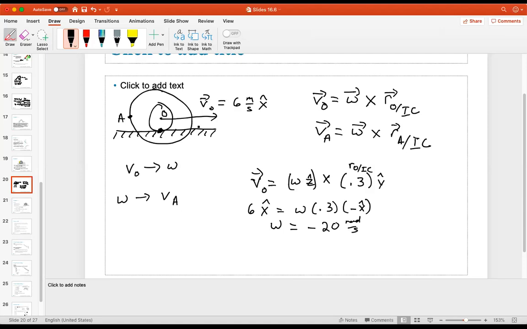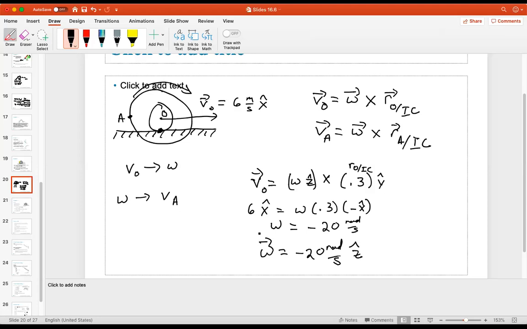Does that make sense that it's negative? Well, think about it. You're pulling it forward. This is going to rotate clockwise. Does that make sense? So good so far. Now we have omega, and I could write the omega vector as minus 20 radians per second z hat.